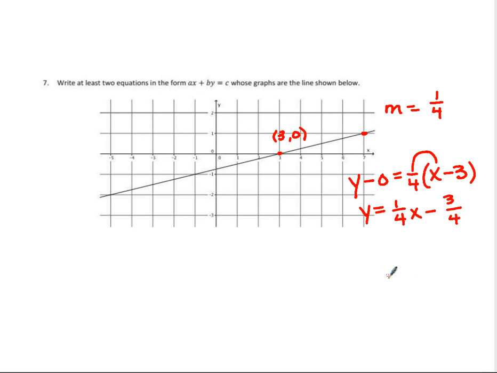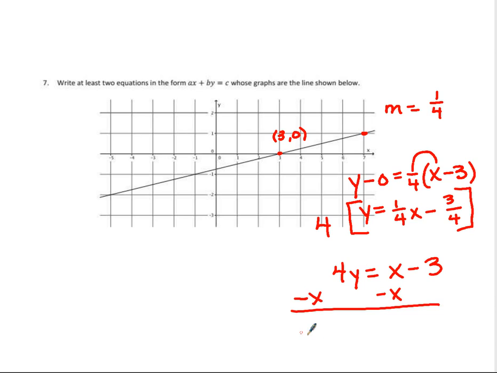And then we're going to go ahead and move our x to the other side. Actually, before I do that, I think I'm going to go ahead and get rid of our fraction. And I have a 4. So 4y equals x minus 3. And now I'm going to move that, so I'm going to do minus x from both sides.